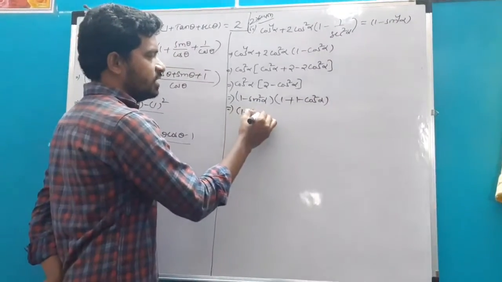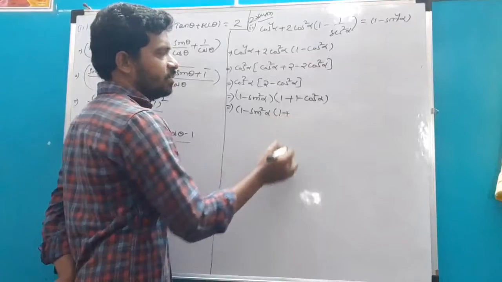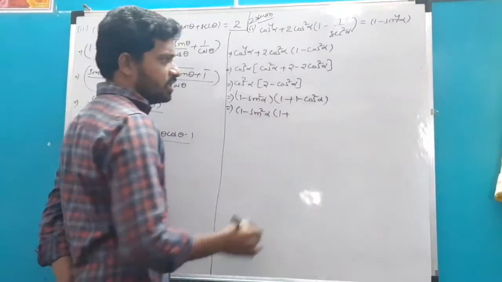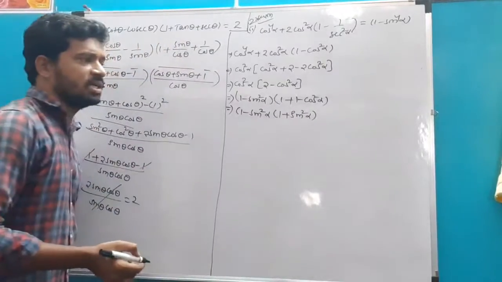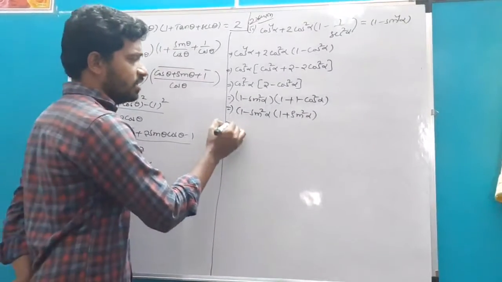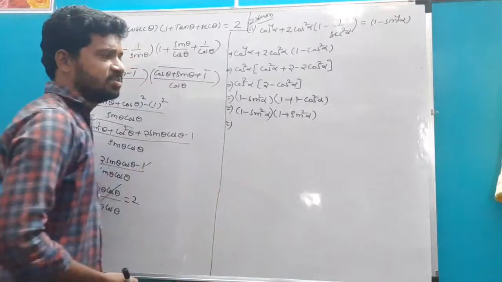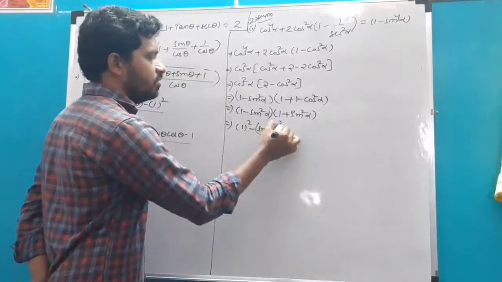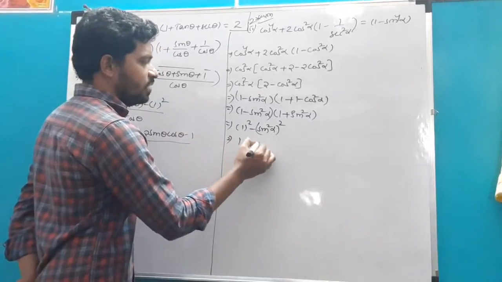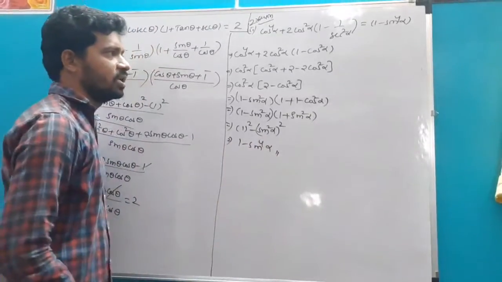So that is 1 minus sin square alpha into 1 plus 1 minus cos square alpha. 1 minus cos square alpha can be written as sin square alpha. It is in the form of a minus b into a plus b, that is 1 square minus sin square alpha whole square. So it will become 1 minus sin to the power of 4 alpha.